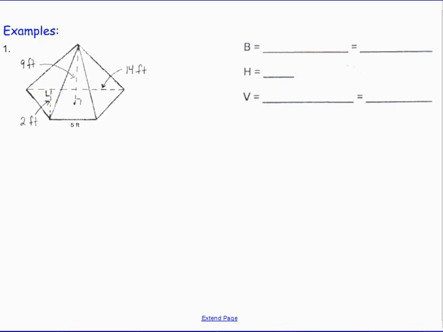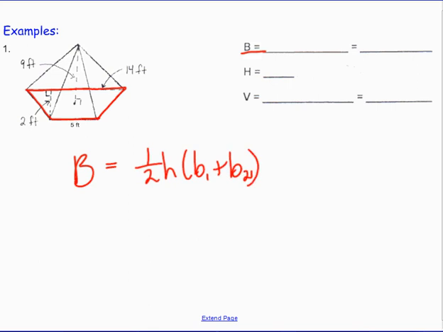So for the first problem, we find the area of the base. The base is a trapezoid. Do you remember that formula? The formula for the trapezoid is 1/2 the height times the sum of the bases. So 1/2 the height.